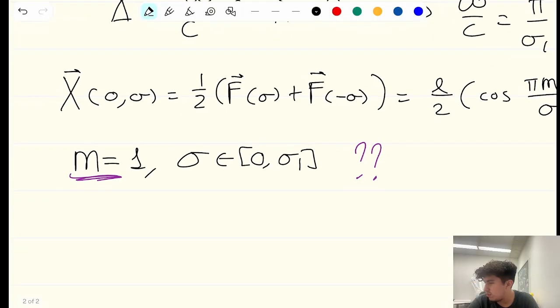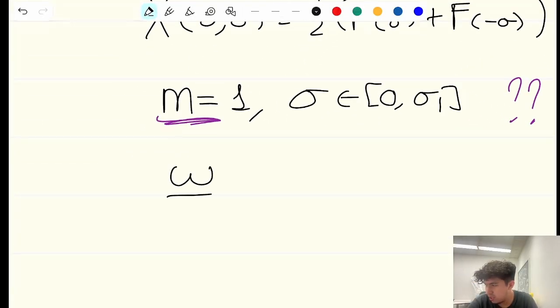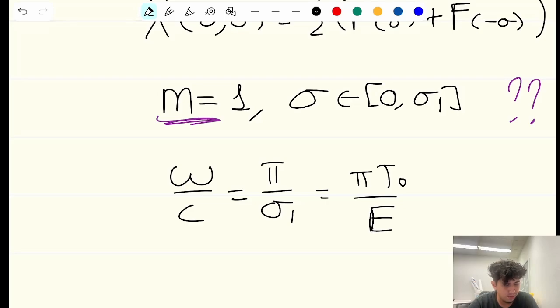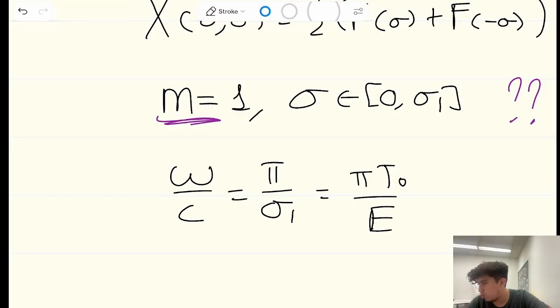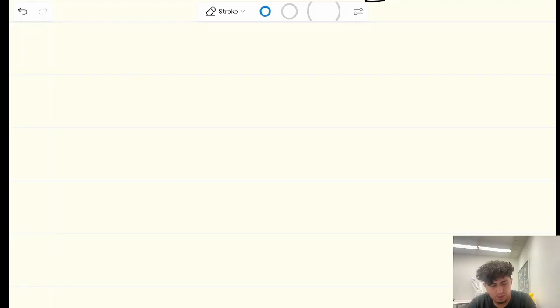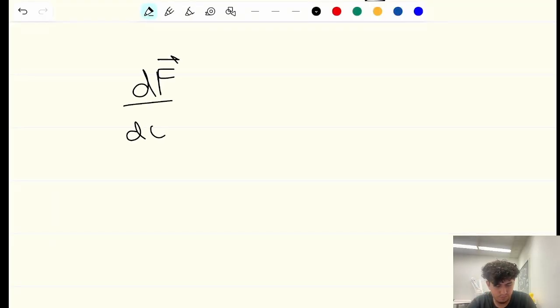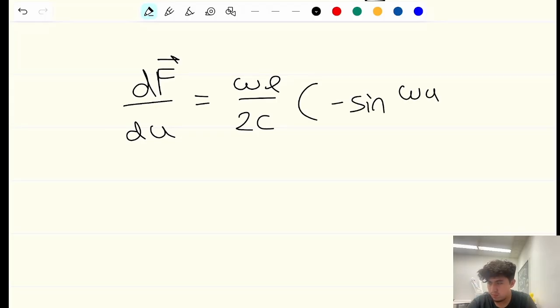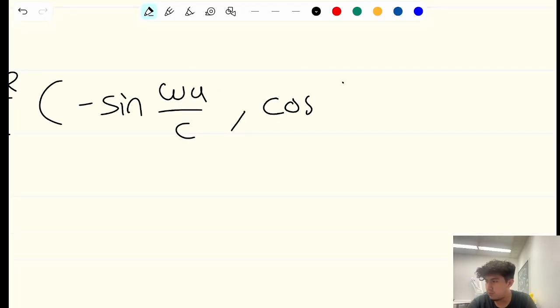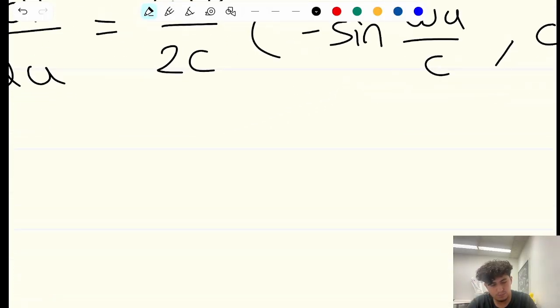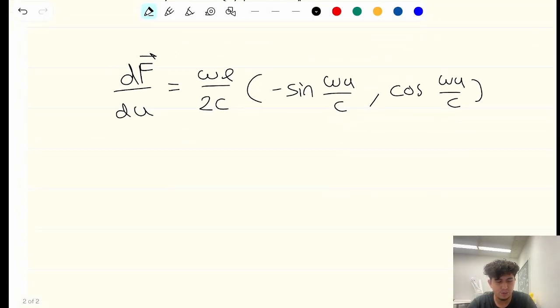Okay. Also, it allows us to write the frequency, the expression we had before, sigma 1 T0 over E. Here I'm just replacing the expression for sigma 1. Cool. We can take a derivative of f, and we're going to impose now the condition that this has to be unitary.